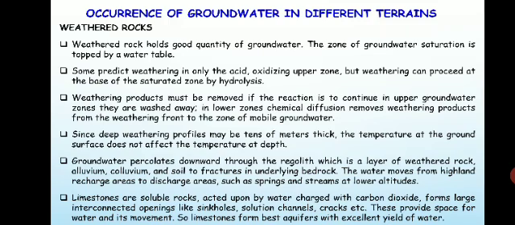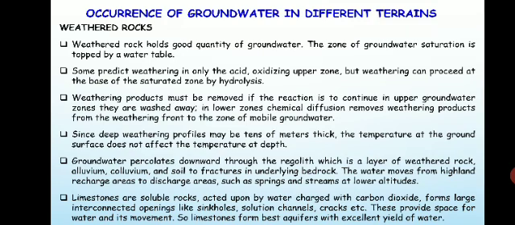This forms large interconnected openings like sinkholes, solution channels, cracks, etc., because of the reaction of carbon dioxide-rich water with the limestone. These provide the space for water and its movement.